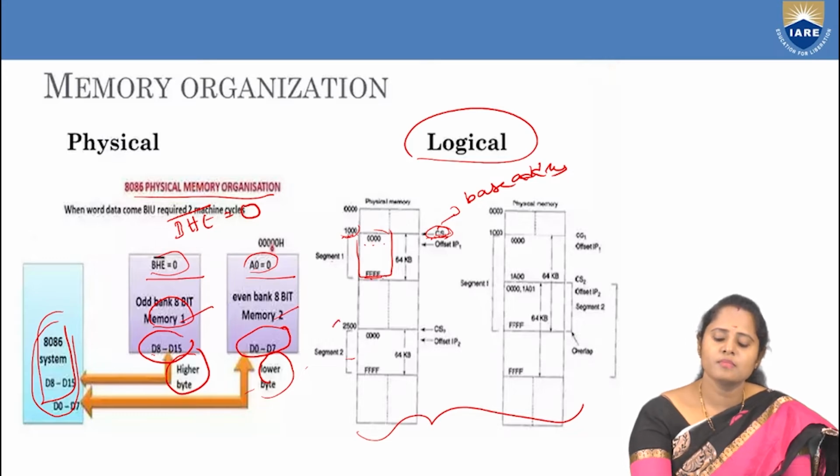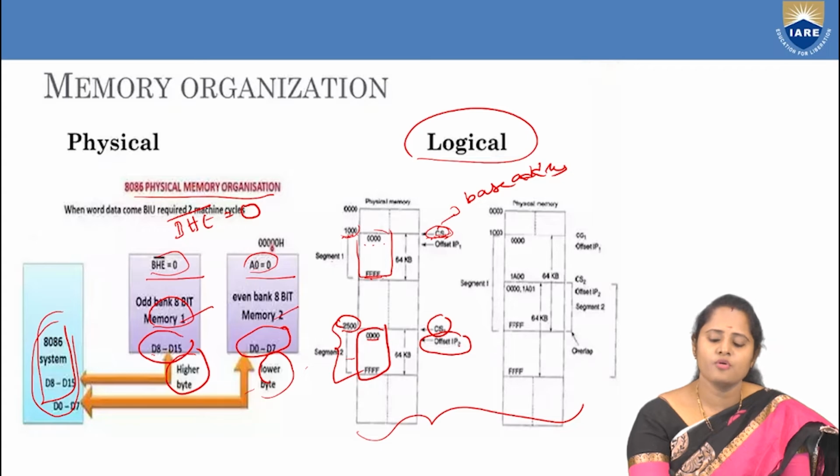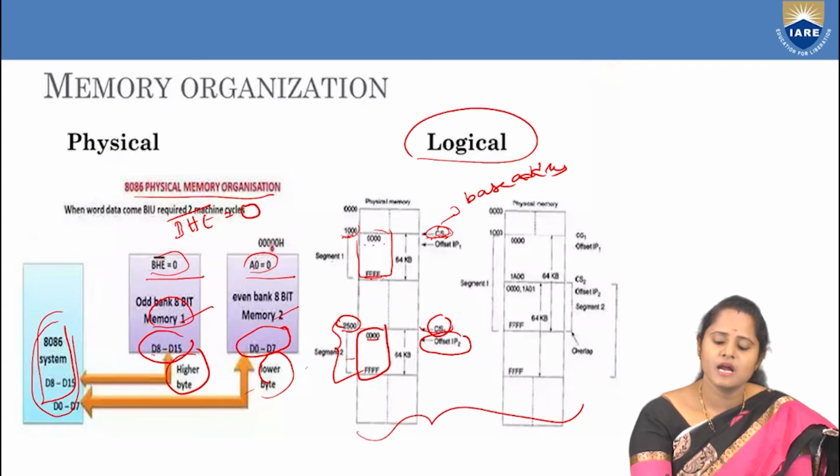And if you see the second segment address, the code segment address is from 2500, which is the starting address of that segment, and the internal memory locations are from 000 to FFF. So this indicates the offset address of the segment, and this is the starting address.